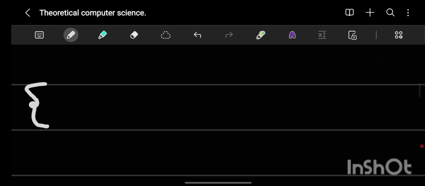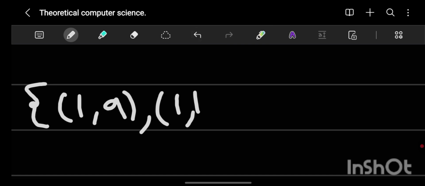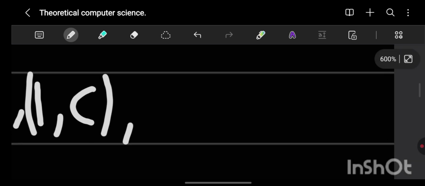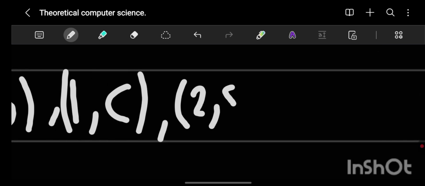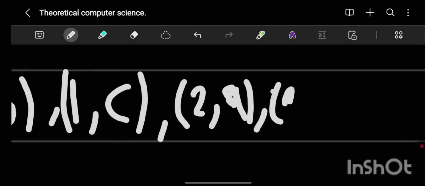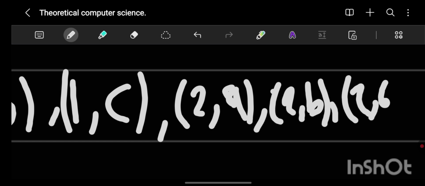So the Cartesian product of A and B would be 1 with A. Now this is an ordered pair. 1 with B, 1 with C. Then you have 2 with A, 2 with B, and 2 with C.